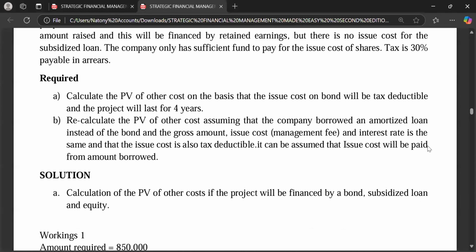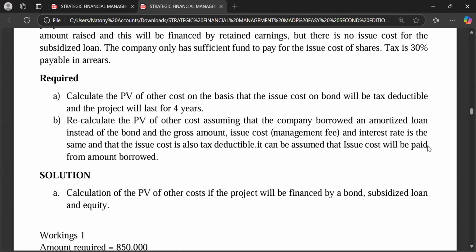What is the requirement? Calculate the PV of other costs on the basis that the issue cost on the bond will be tax deductible and the project will last for 4 years. Secondly, recalculate the PV of other costs, assuming that the company borrowed an amortized loan instead of the bond.